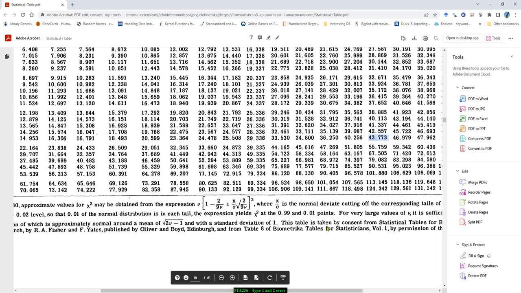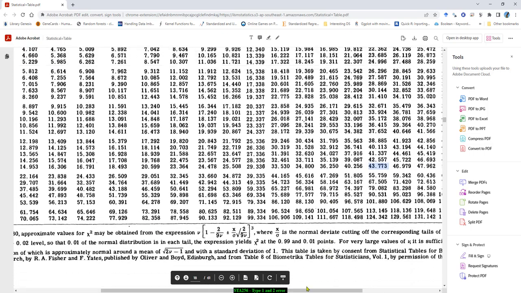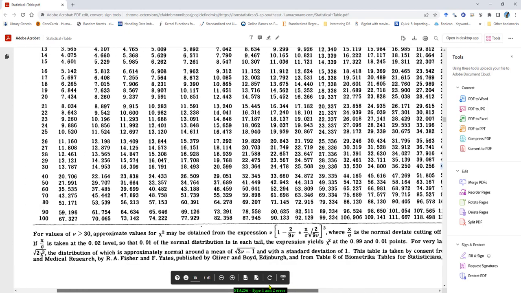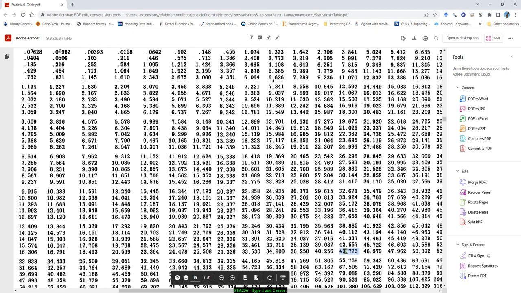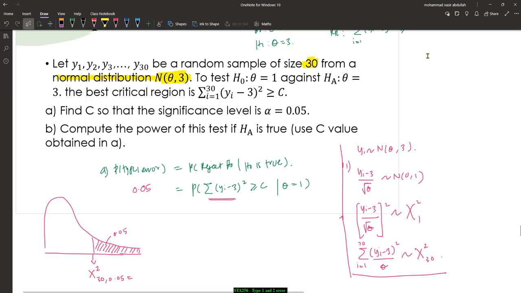So this one should be 30 and this one should be 0.05, 43.773.